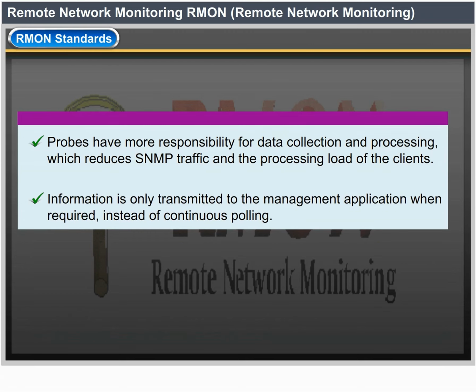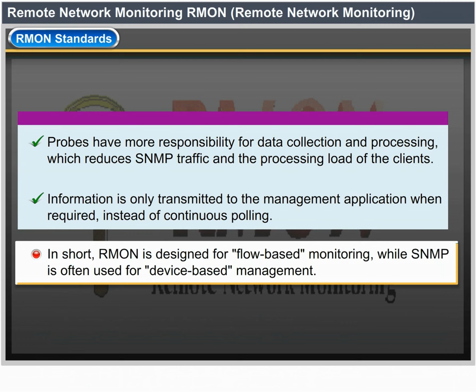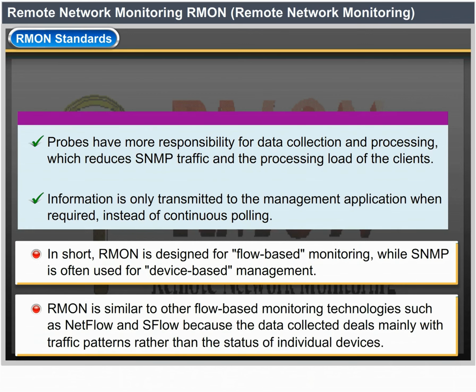In short, RMON is designed for flow-based monitoring, while SNMP is often used for device-based management. RMON is similar to other flow-based monitoring technologies such as NetFlow and sFlow because the data collected deals mainly with traffic patterns rather than the status of individual devices.